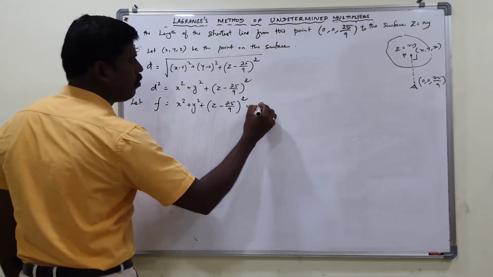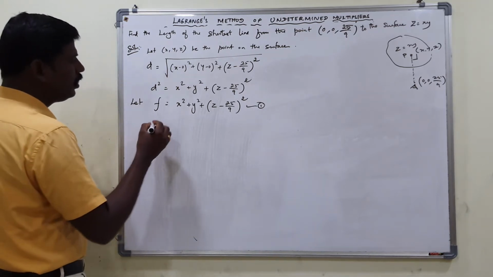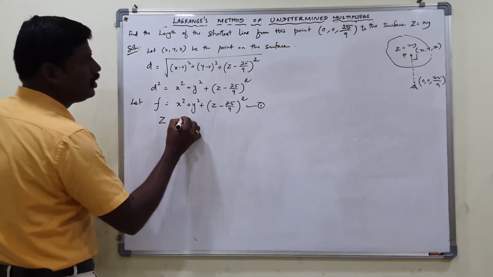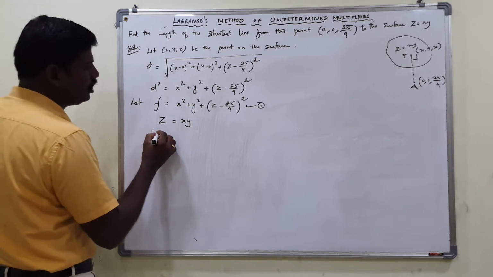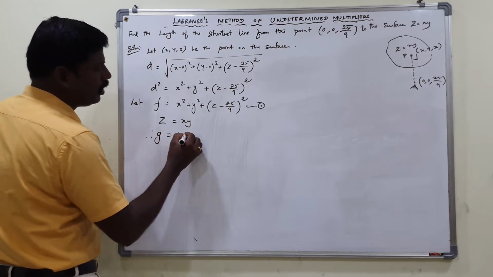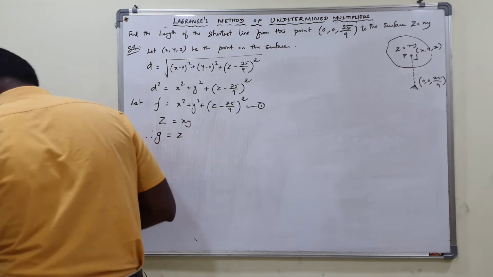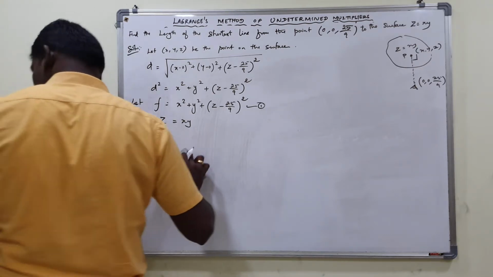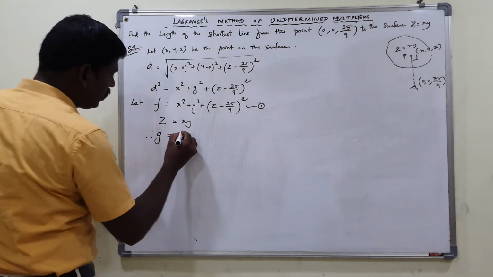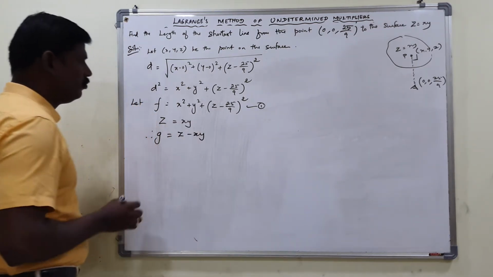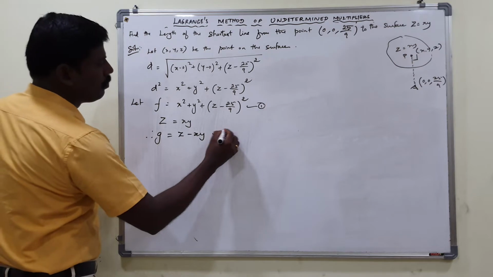So x square plus y square plus z minus 25 by 9 the whole square. We call it equation number 1. And another condition is z is equal to xy. Therefore, what is g? g is equal to z minus xy. Call this equation number 2.